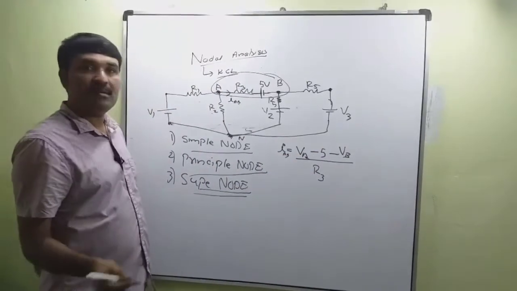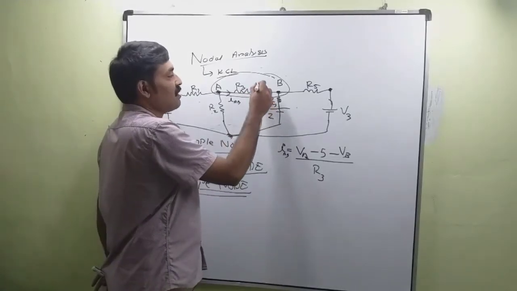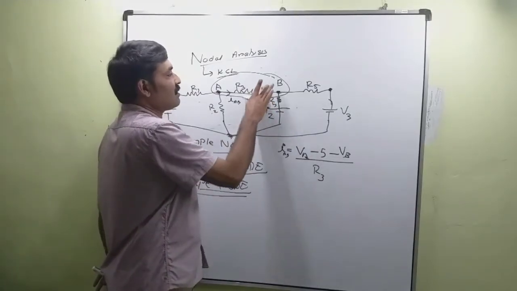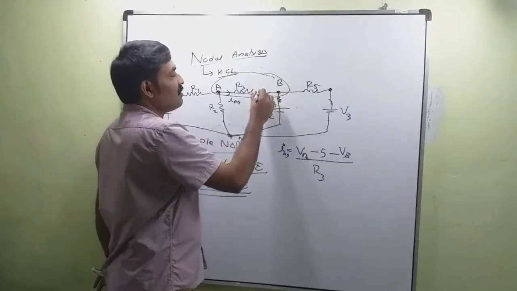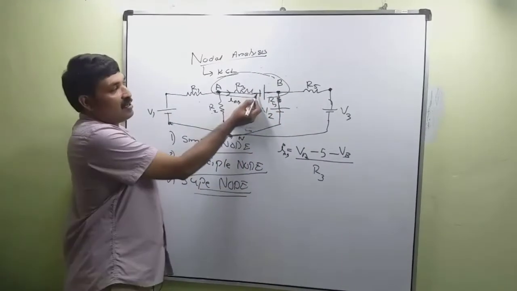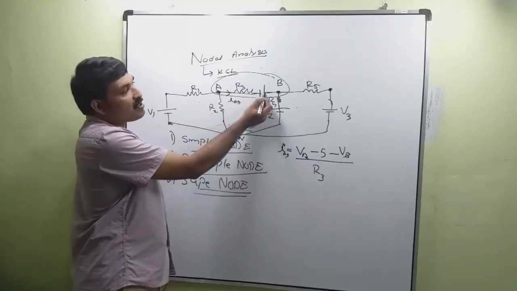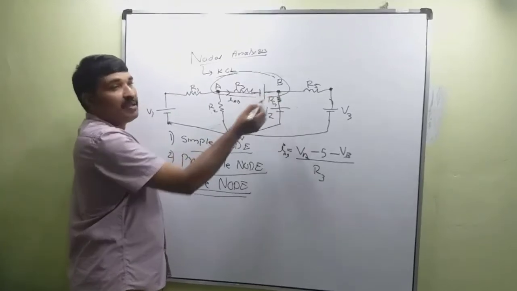Suppose the battery is connected in this manner: the lower potential terminal is connected to this end, and the higher potential, or positive terminal, is connected to node B.